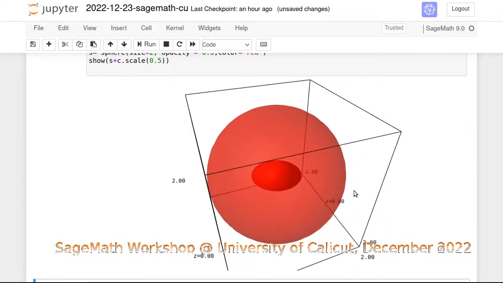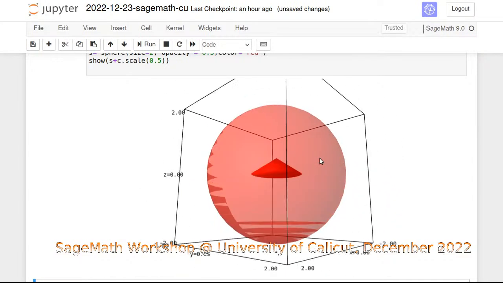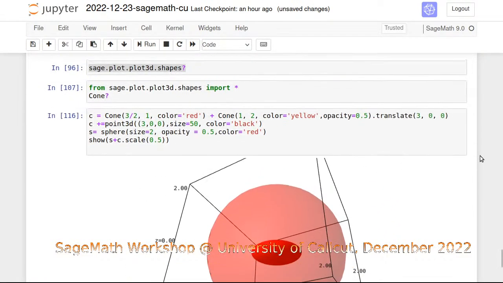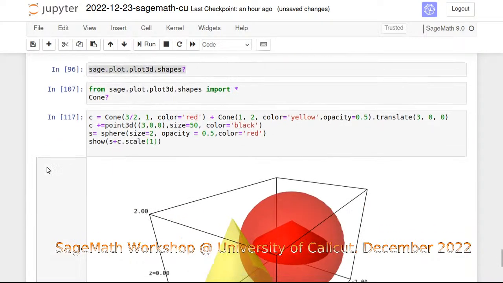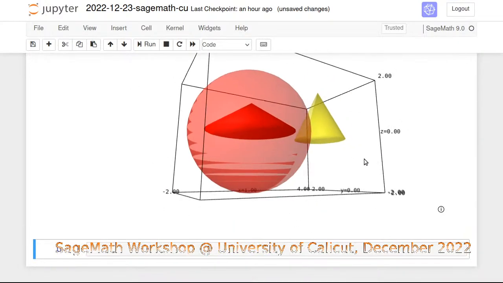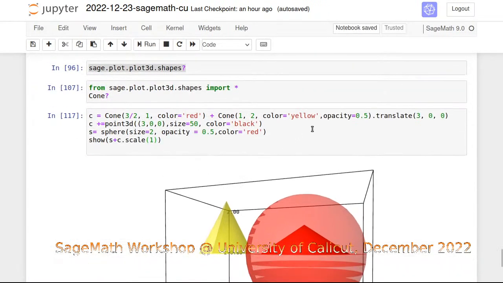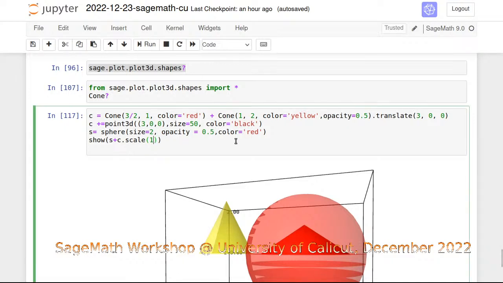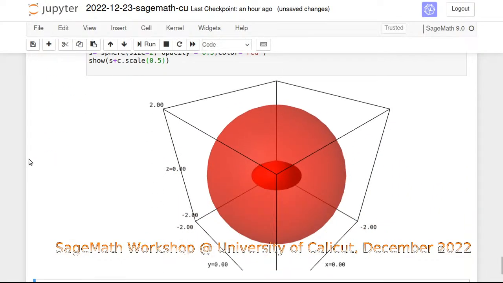The sphere is having only a radius 2, but these things are appearing inside the sphere. That's scaled. If the scaling is by 1, it's appearing perfectly. Okay, that's the effect of scale. So if you are mixing up two plots, probably you can use the option scale. Otherwise, it's not very useful.